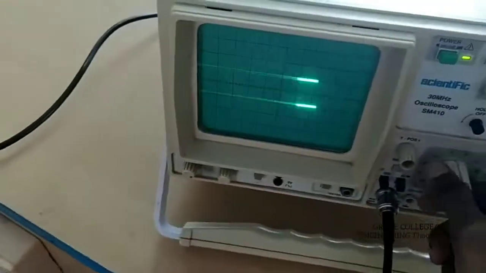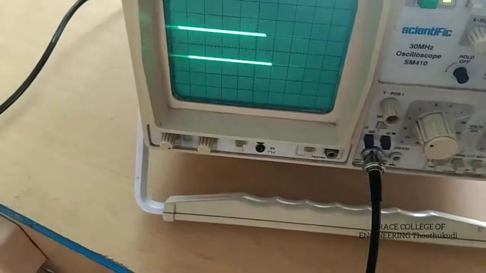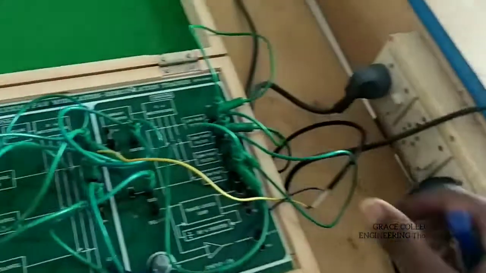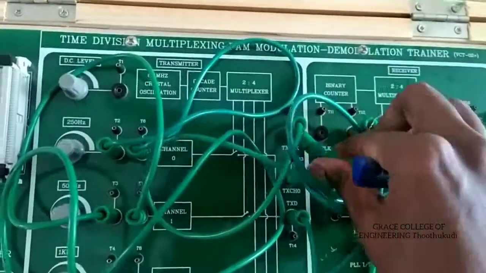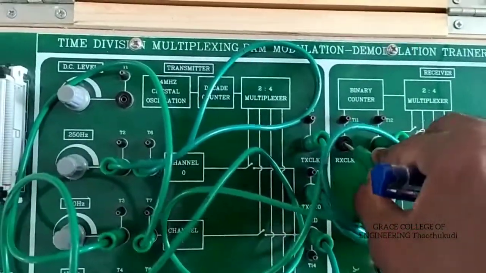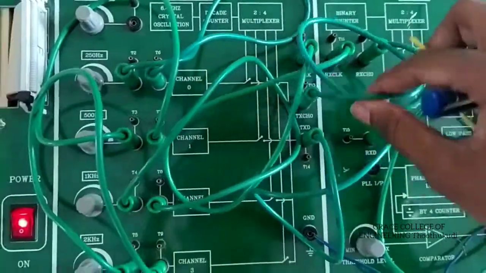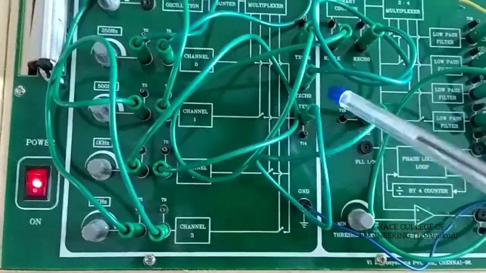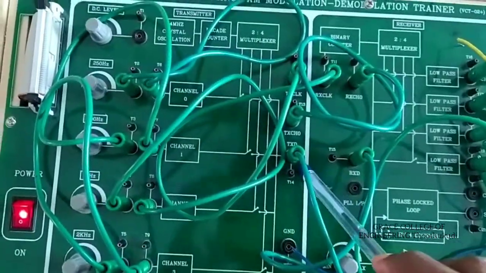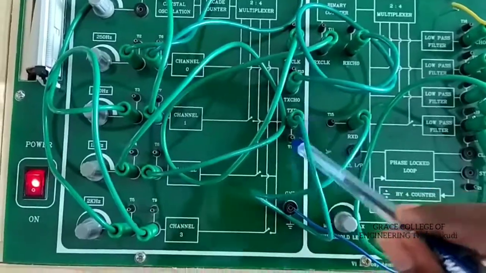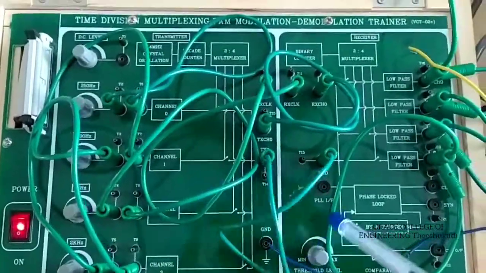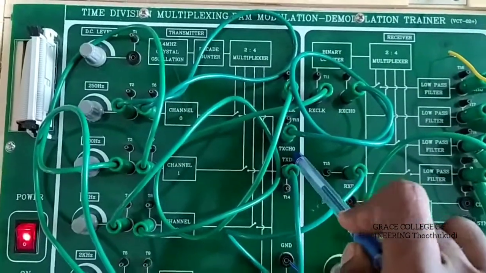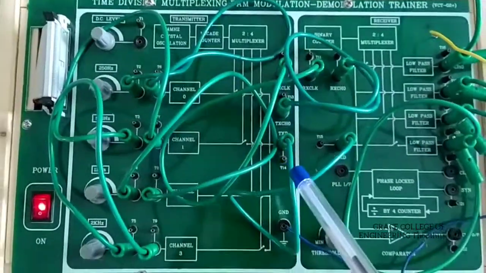This is my clock pulse, and we give it as input to our receiver clock. Next, the transmitter output should be given to the input of our receiver section. Here is transmission TXD, which I interconnect with the receiver RXD. Similarly, the transmission channel 0 I interconnect with receiver channel 0.